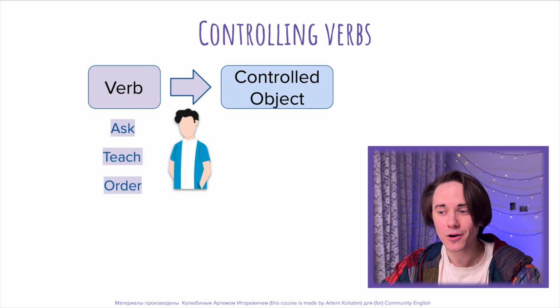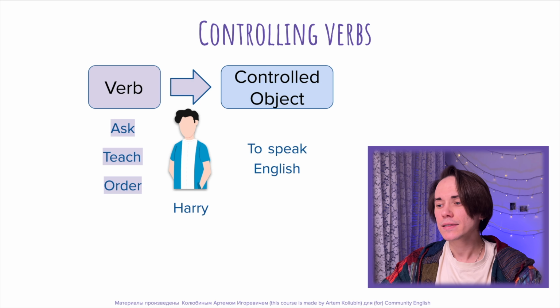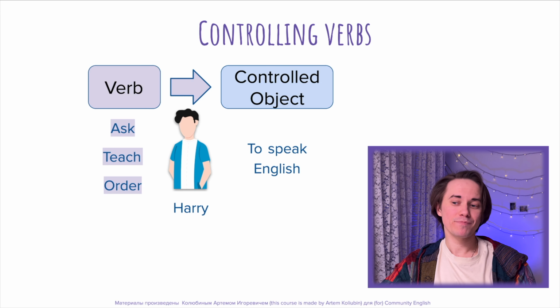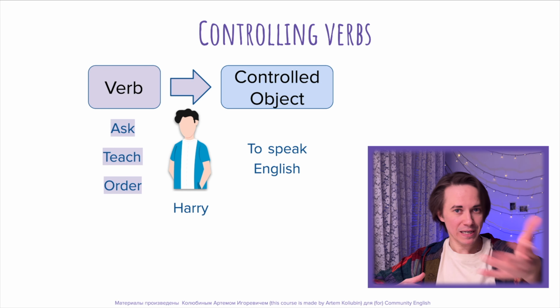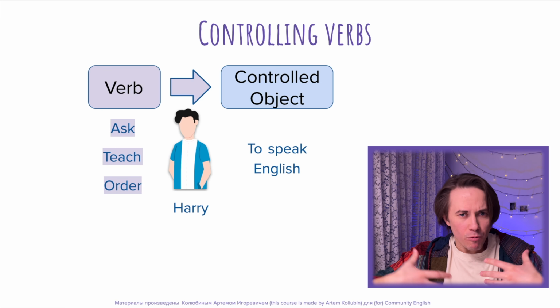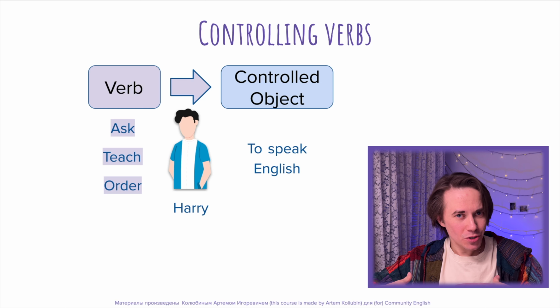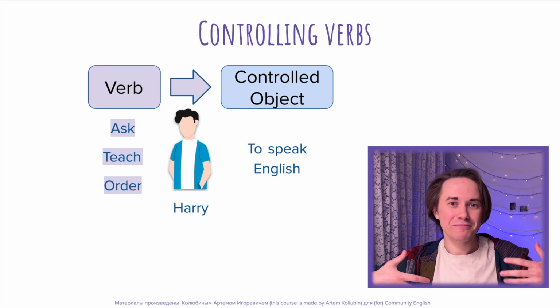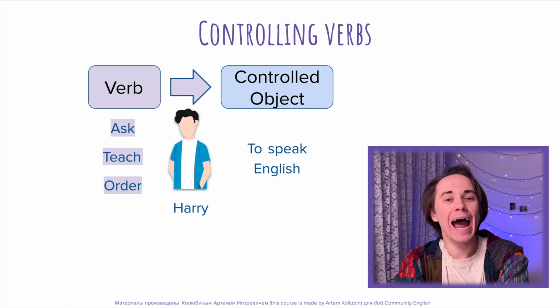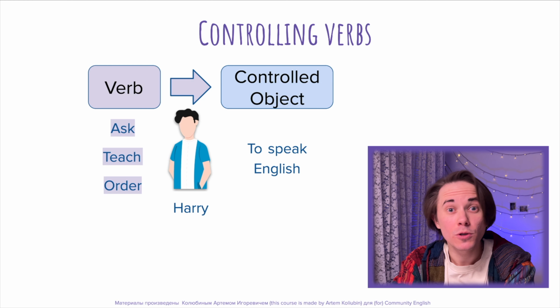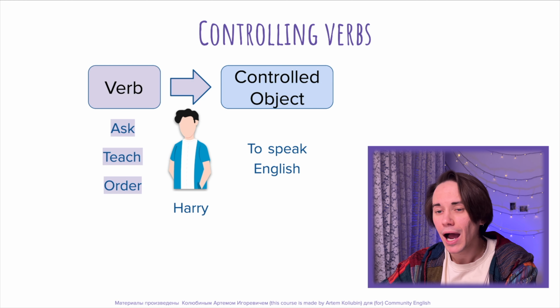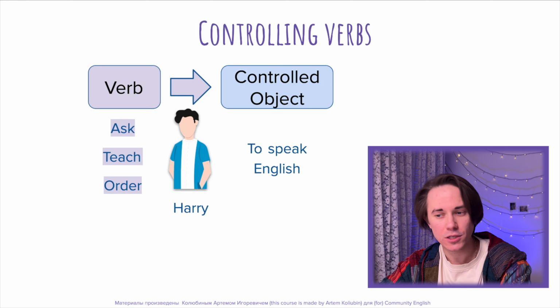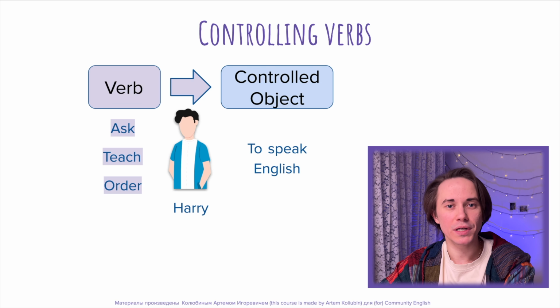So we control Harry to do something. So I can ask Harry to speak English. So that's my way of controlling Harry, right? Maybe Harry doesn't want it, but that's my control over him. I ask him to do something, to learn English or to speak English. I can teach Harry to speak English. I can order Harry to speak English.